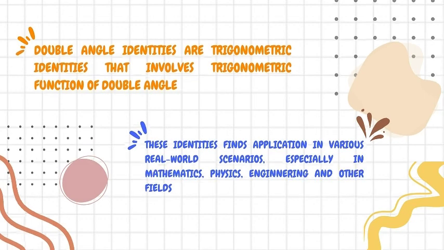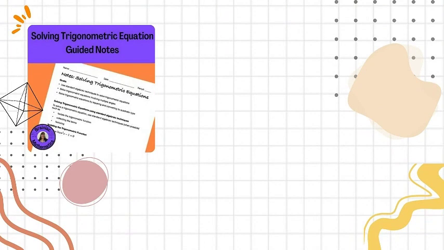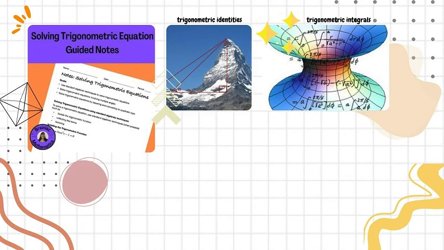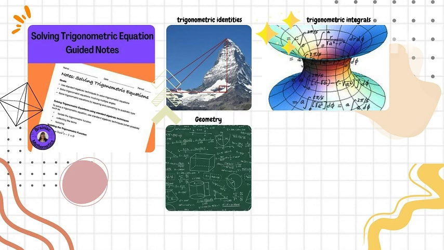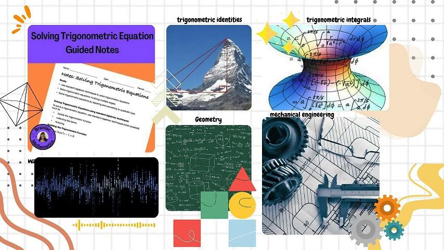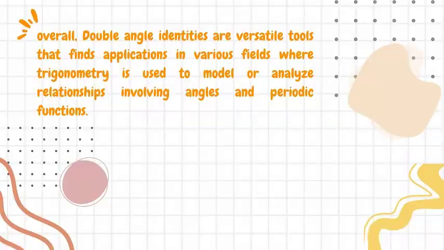Some common applications of double angle identities include solving trigonometric equations, trigonometric integrals, trigonometric identities, geometry, waveform analysis, and mechanical engineering. Overall, double angle identities are versatile tools that find application in various fields where trigonometry is used to model or analyze relationships involving angles and periodic functions.